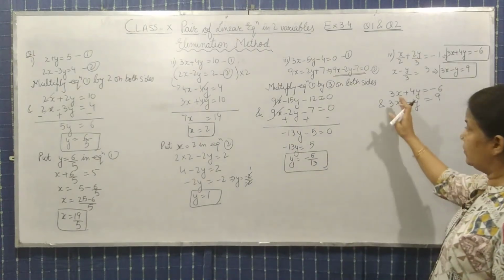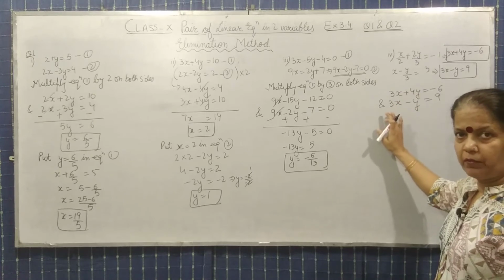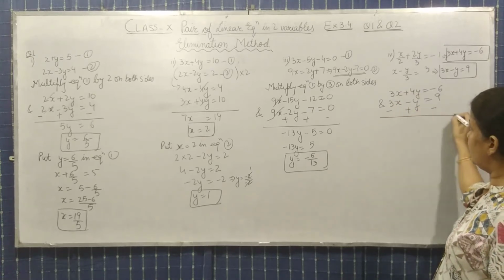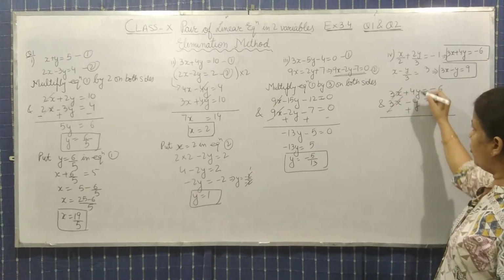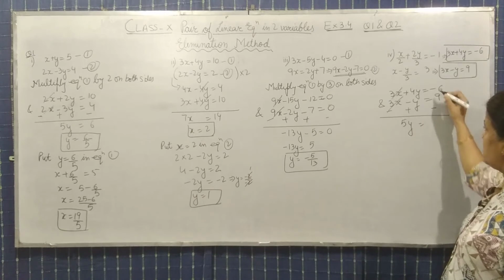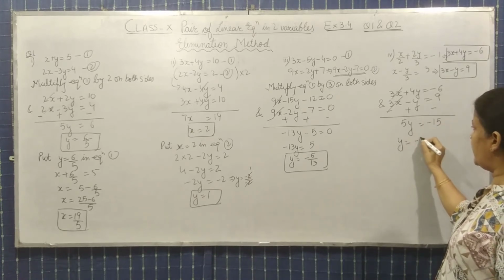Observe it. There is no need because one of the variable is same. So we will change their sign. Change their sign. Cancel it. 4y plus 1y, 5y equal minus 6 minus 9, minus 15. So y you will get it minus 3.